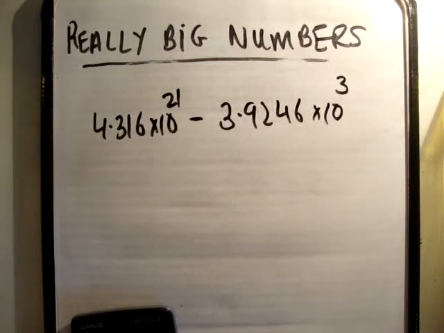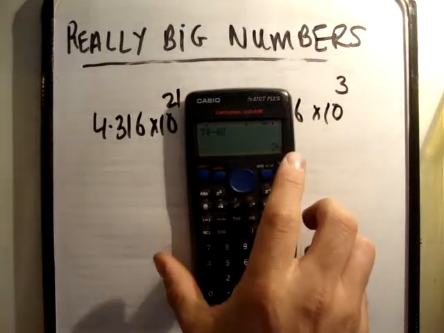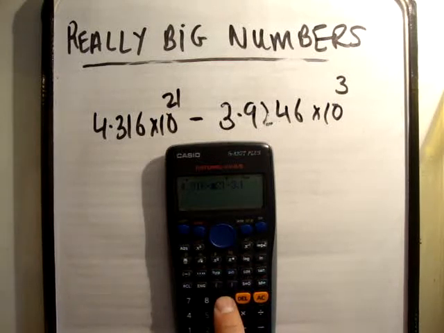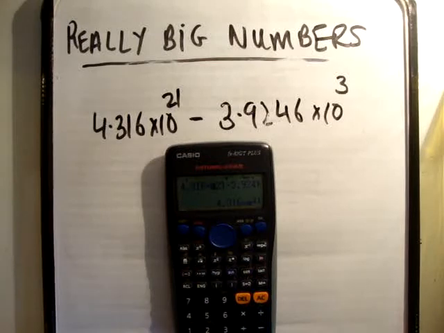So we are billions of billions of billions bigger, or trillions of trillions of trillions bigger. Okay? But what if we were to plug it into the calculator? What would happen if we did this? 4.316 times 10 to the 21 minus 3.9246 times 10 to the 3 gives an answer of 4.316 times 10 to the 21.